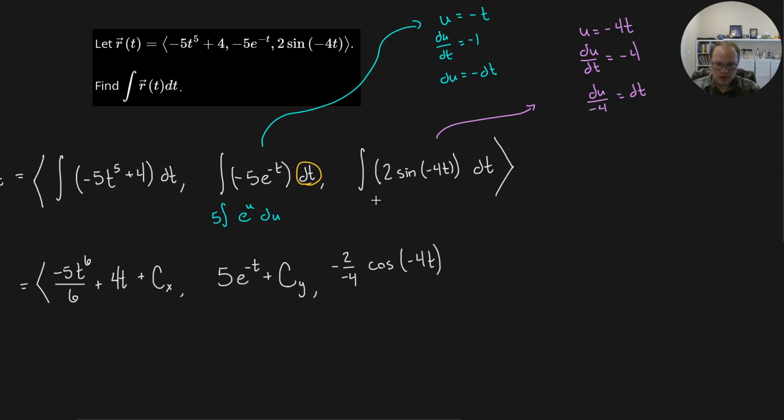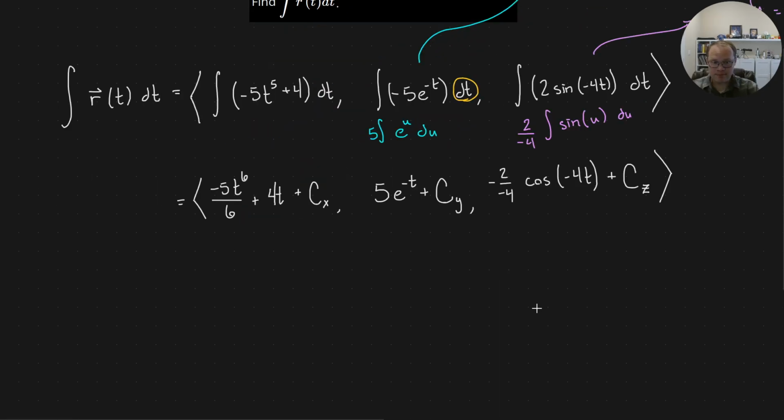So I'll pull the 2 out. The integral of sine negative 4t becomes sine of u, and dt becomes du over negative 4. So that's where I get the 2 over negative 4. And then the integral of sine is negative cosine. And then the u is negative 4t, plus a constant, right?